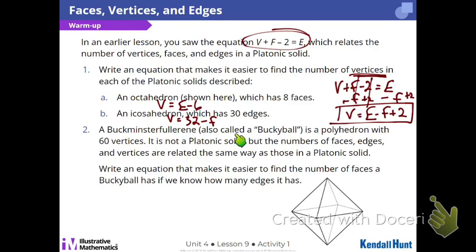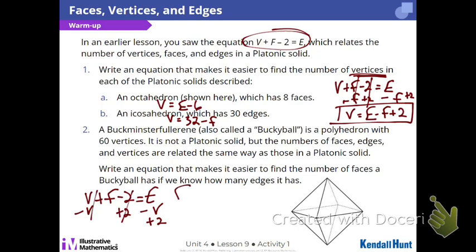Okay. So this tells me the number of vertices, but it's looking for one that makes it easier to find faces. So what variable do I want to isolate now? F. So looking at this equation, how do I get rid of the vertices? Minus V. And how do I get rid of the minus 2? Add 2.